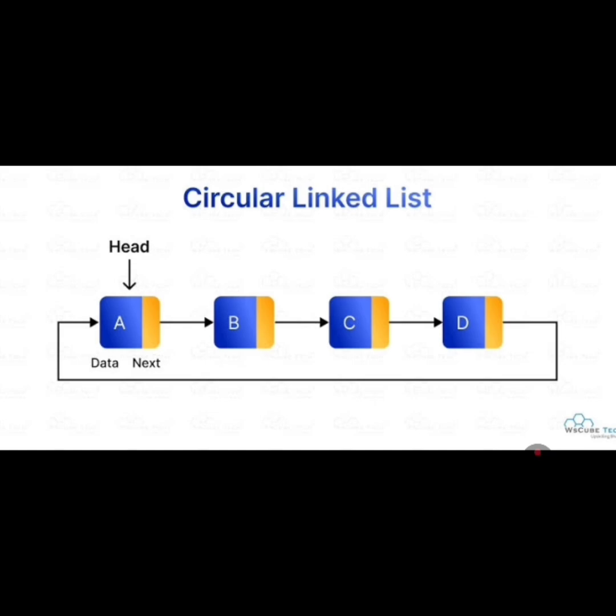But whereas D points towards null in a singly linked list, in a circular linked list it should point again towards the first node, that is node A. It should form a complete circular shape, so it is called a circular linked list in data structures.